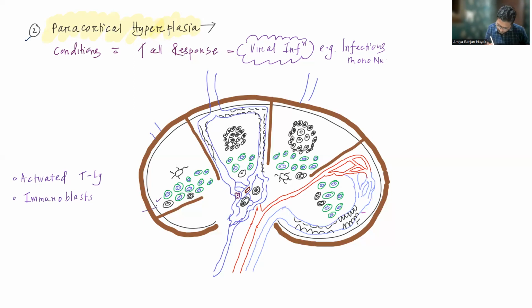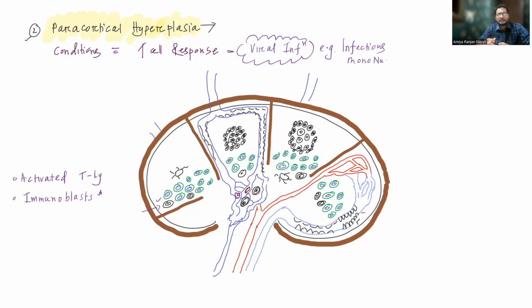Immunoblasts will have a central prominent nucleolus. In centroblasts, the nucleoli are attached to the nuclear membrane, but an immunoblast has a nucleolus present exactly in the center of the nucleus. That is the basic difference between an immunoblast and a centroblast. So immunoblast is nothing but a type of activated T lymphocyte. These are the things you are going to find in the paracortical area.